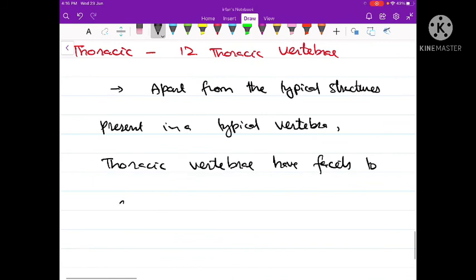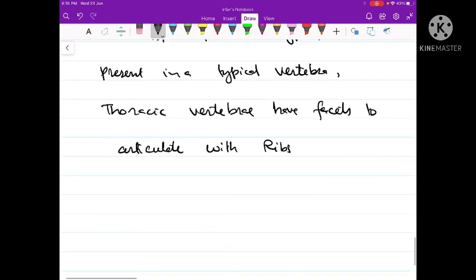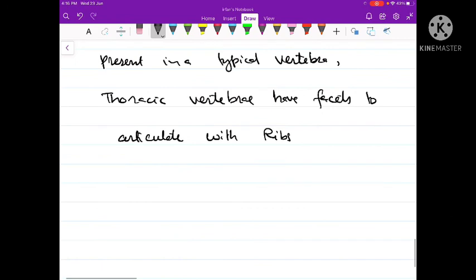Facets to articulate with ribs. We know we have 12 pairs of the ribs, and these 12 pairs of the ribs articulate with the vertebral column towards the dorsal side, and towards the ventral side they are either attached to the sternum or to other ribs. So therefore the thoracic vertebrae for that reason have facets for articulating with ribs.